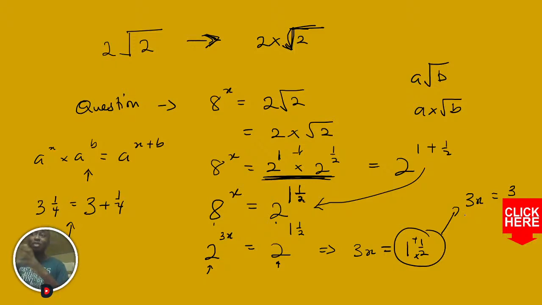Or the best thing you can do is actually taking this 2 and sending it to this. So now it becomes 2 times 3x equals what? 3. This will give us 6x equals. Then we can divide both sides by 6.